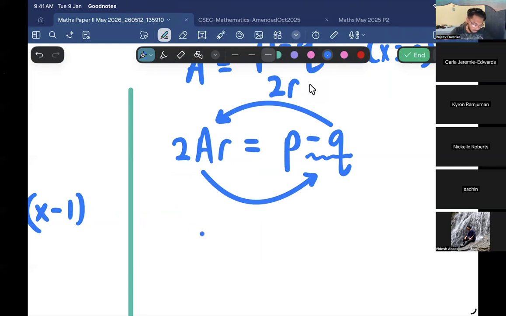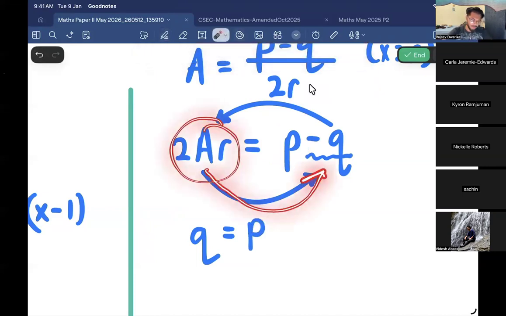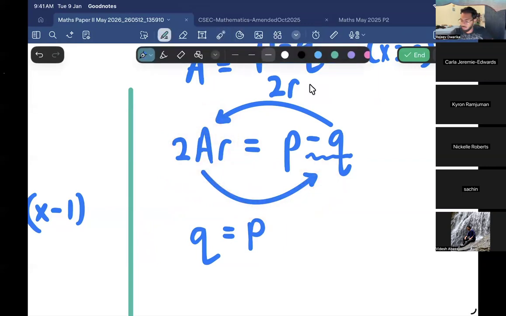A positive q. You with me? Right? I'll write back the p. And then I'll move across the 2ar. If I move across 2ar, what will it turn to? Negative 2ar. And that's it.